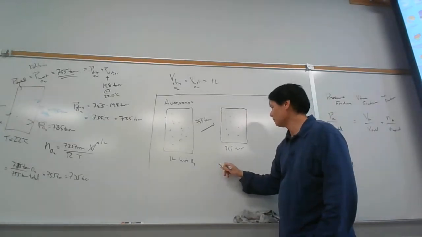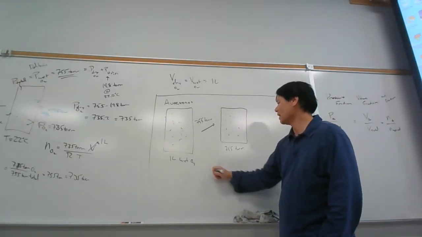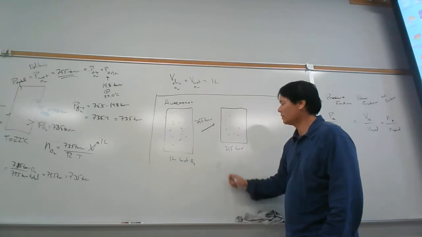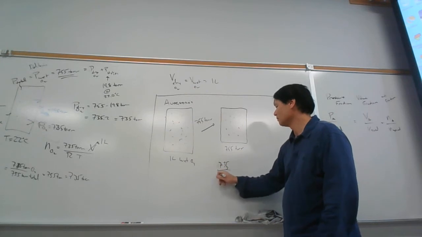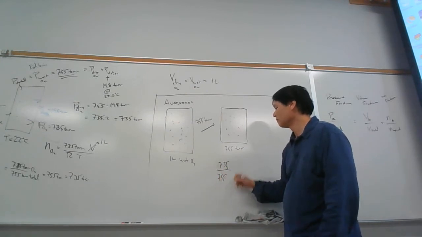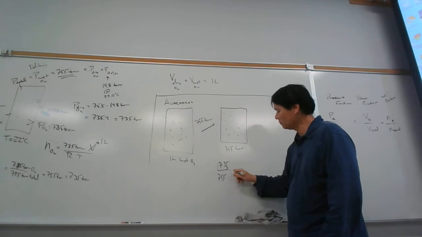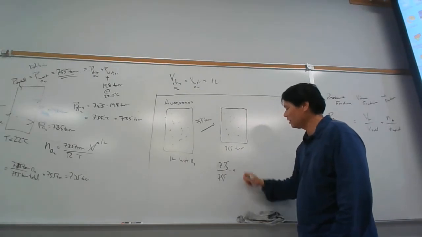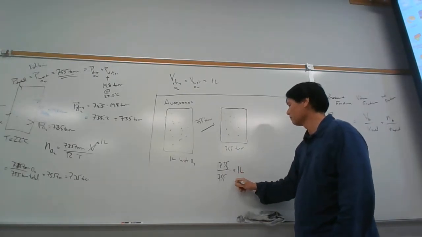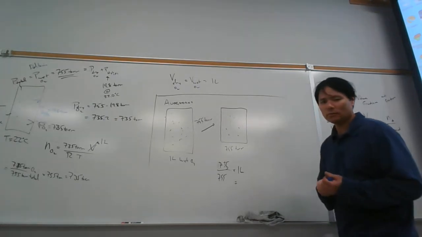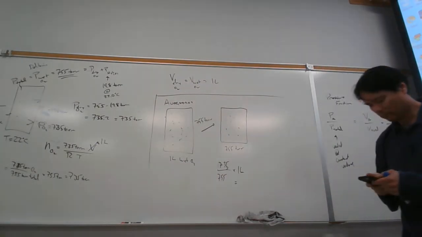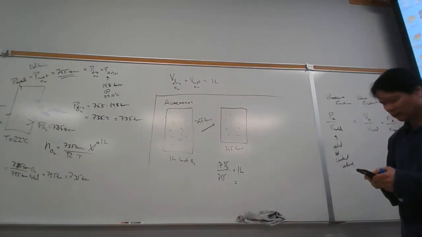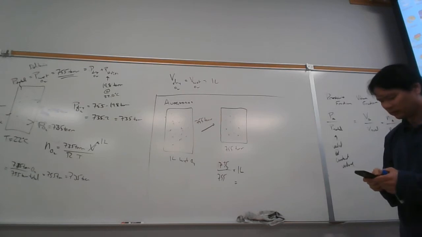Well, if I take the pressure fraction, the pressure fraction is going to be 735 over 755 times the total volume, which is 1 liter. What does that come out to? So 735 divided by 755 times 1.